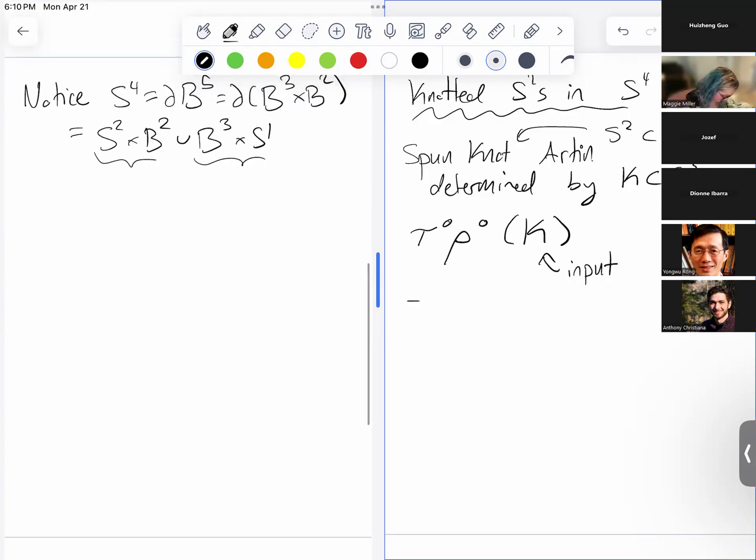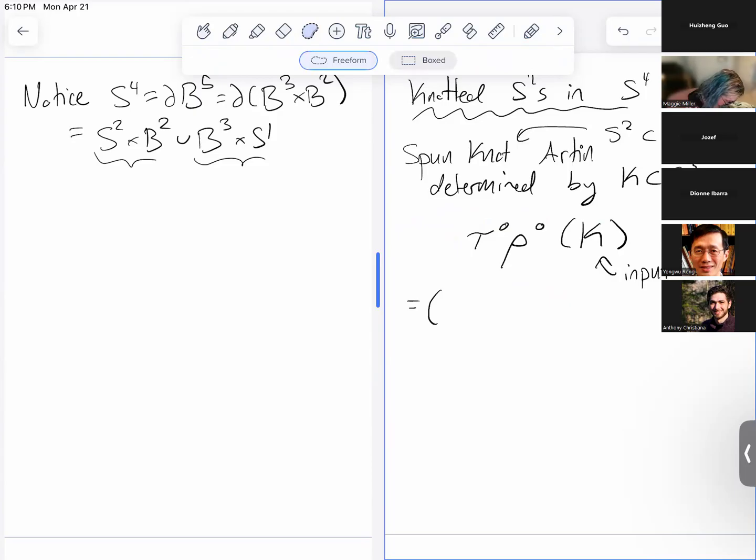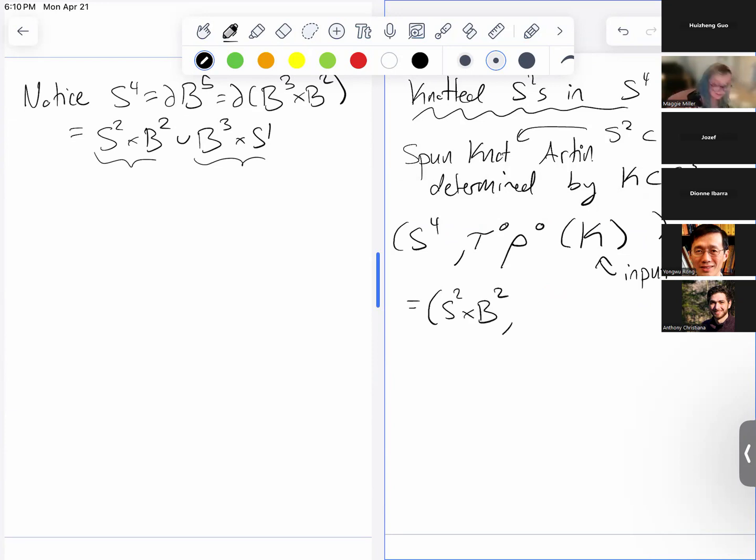I'm going to write this by specifying its intersection with each of these two fundamental pieces. So really, I should push this a little bit over to the side and write it as a pair. S4, along with the sphere, is a union of some piece that's inside the S2 cross B2 and some piece that's inside the B3 cross S1. Okay.